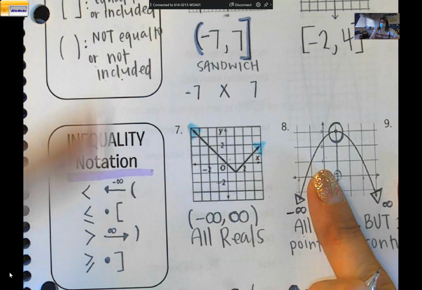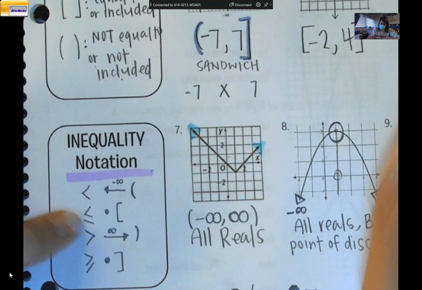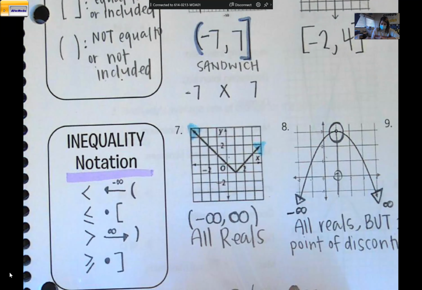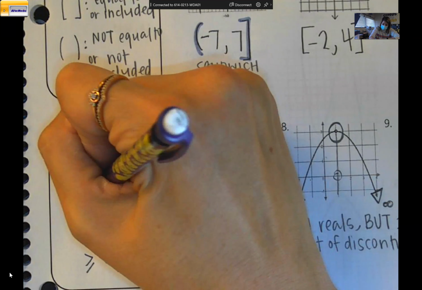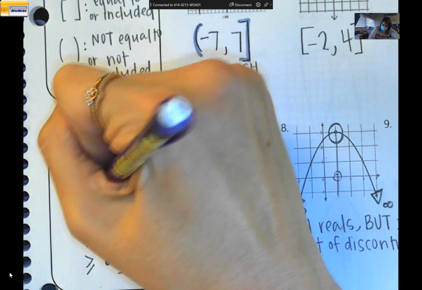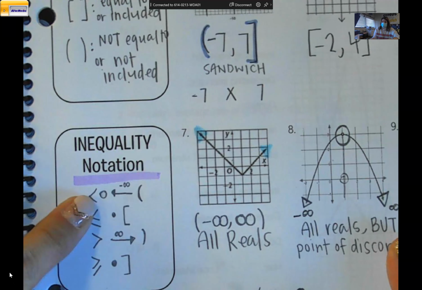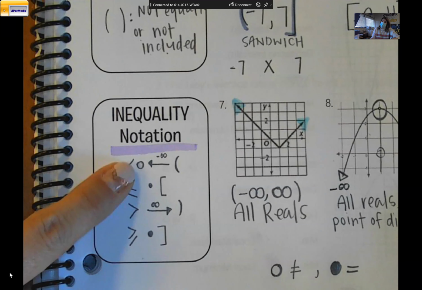So if I match that up down here, what is this, open? Oh, this is open. It's a less than. Write that in. If it's an open point, write that in.